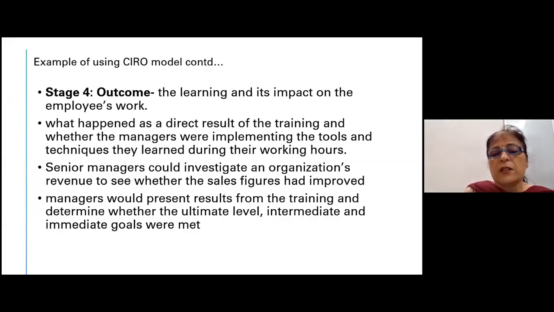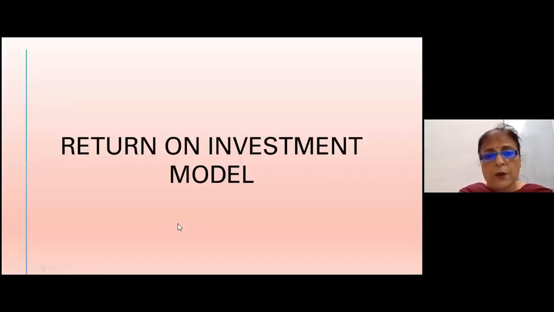And senior managers would investigate an organization's revenue to see whether the sales figure had improved. So whether there was a jump in the sale, their graphs will show. Managers would present results from this training to determine whether the ultimate, intermediate, and immediate goals were met. So this is what is done in brief in the Kirkpatrick model.